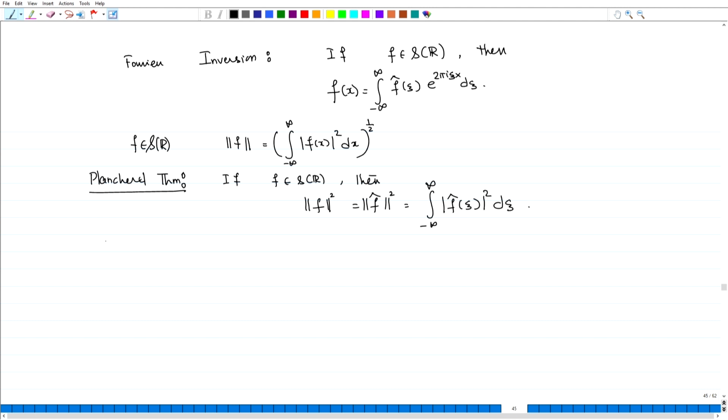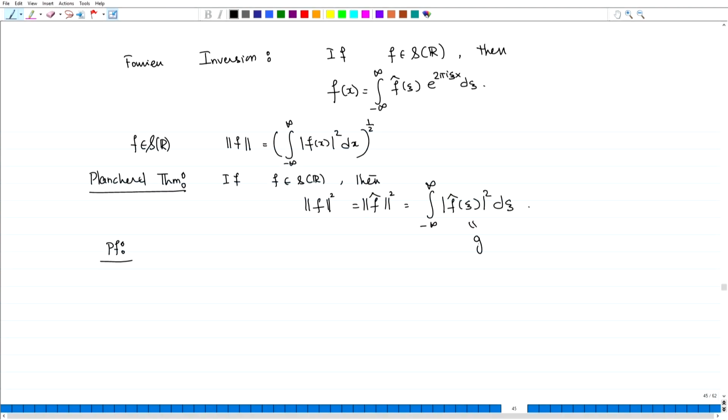okay. So, now we have here the mod of f of x square, and on the right hand side we have mod of f hat of xi square. Now, the trick is that how do I convert this into the Fourier transform of some function g hat?